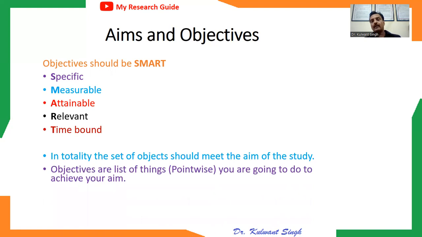Objectives are a list of the things, in points, you are going to do to achieve your aim. It visualizes the sequence of each step of your research. These are the objectives.